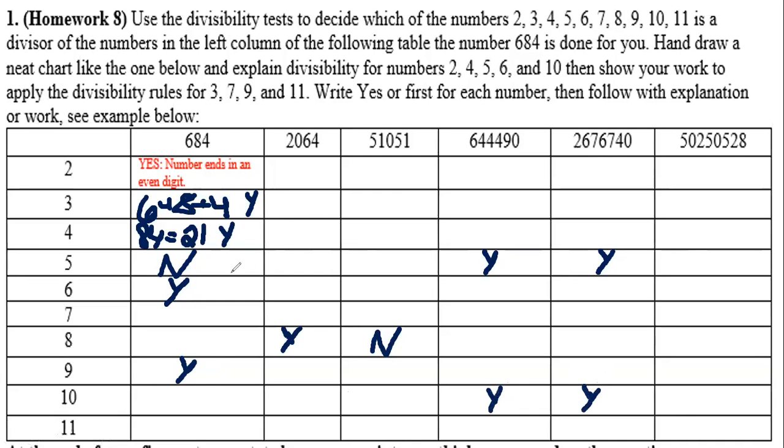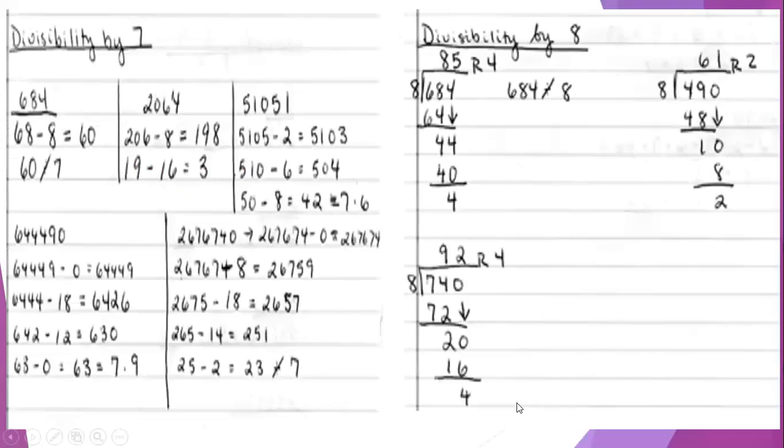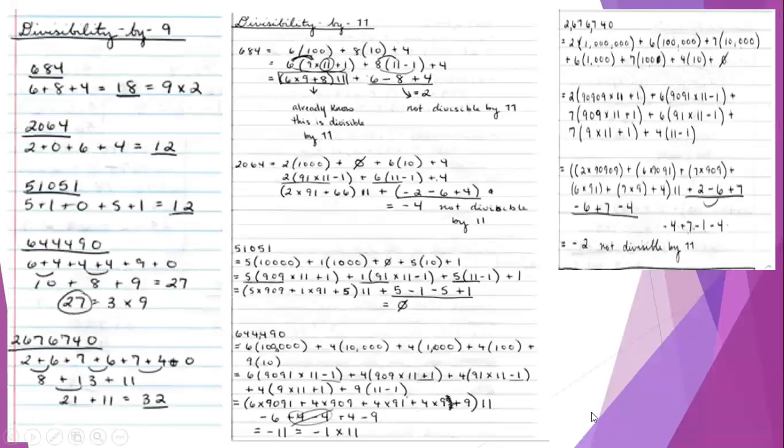And then the rule for 11 is really long, and I have that written on a slide a little bit further. So let's go take a look at it. Here's our 8 and 1, here's our 9s written out, and here's our 11.